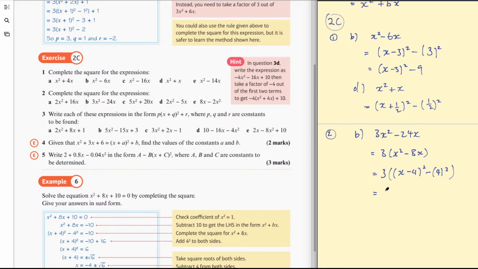So then we can write this as 3 multiplied by x take 4 all squared take 16. And then expanding the 3, we get 3 multiplied by x take 4 all squared, 3 times 16 is 48. So 3 times x take 4 all squared take 48. D.